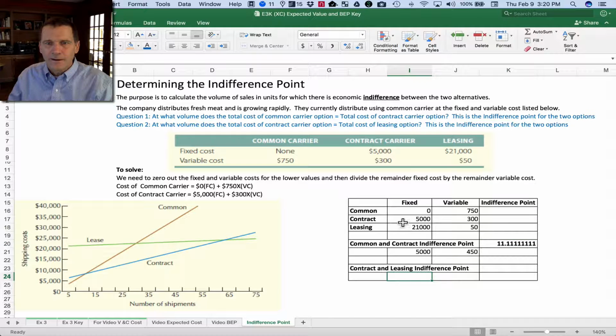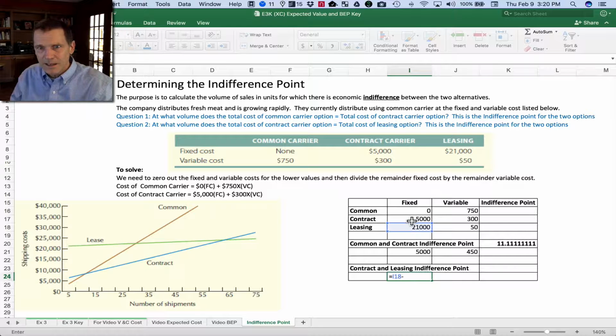Let's look at another one here just to make sure we got it. So the second question is, at what volume does the total cost of contract carrier options equal the total cost of the leasing option? That would be this indifference point, right? Lease and contract. And let's see how we would solve it. So we would find the difference of the higher to the lower. So equals 21,000 minus 5,000. $16,000 is the difference.